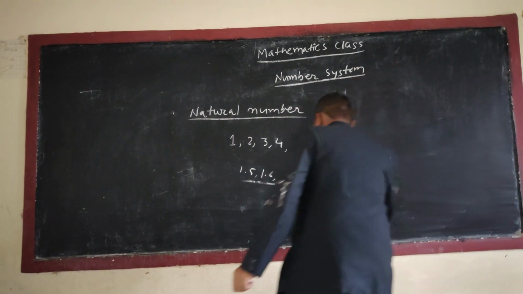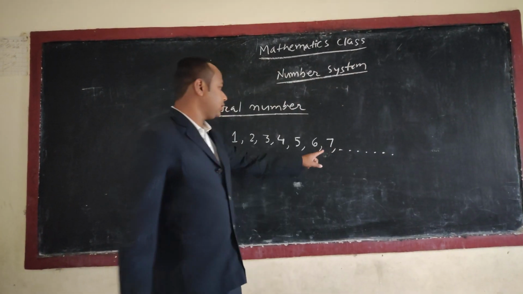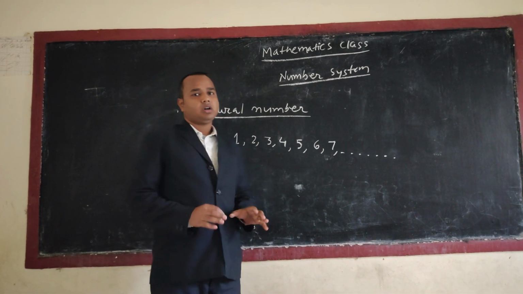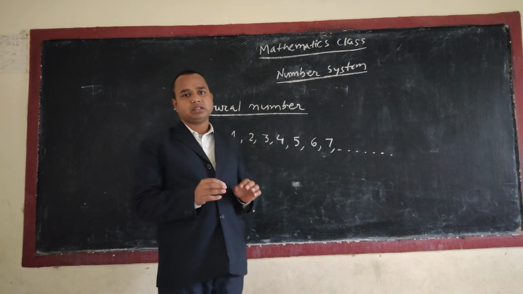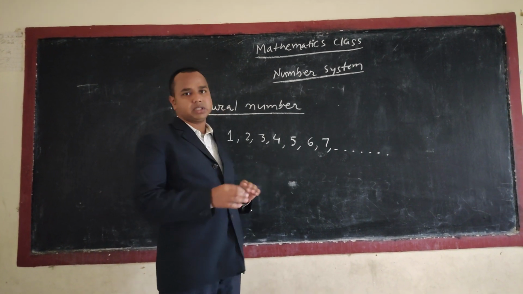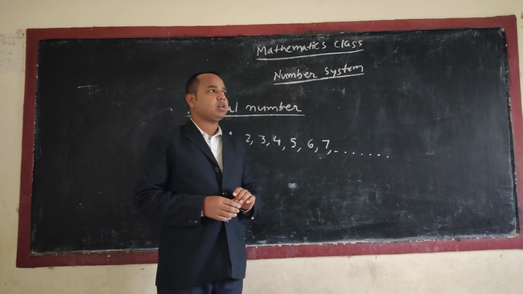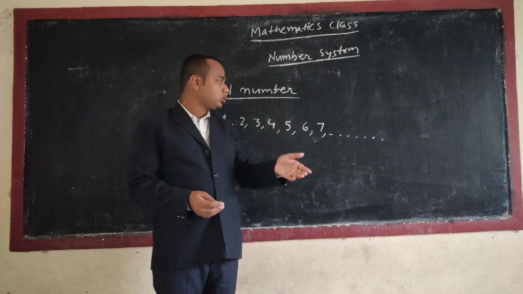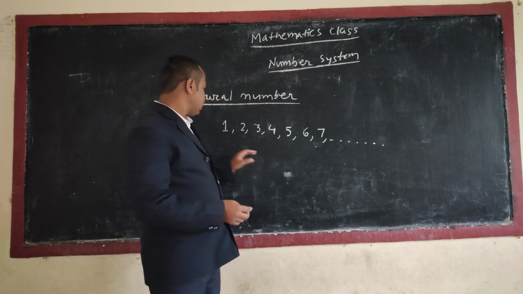And what does dot dot dot mean? That means there are infinitely many, like infinity. There are infinitely many natural numbers, like 100, 200, 300, 1 crore, 2 crore. We cannot write all the numbers, right?